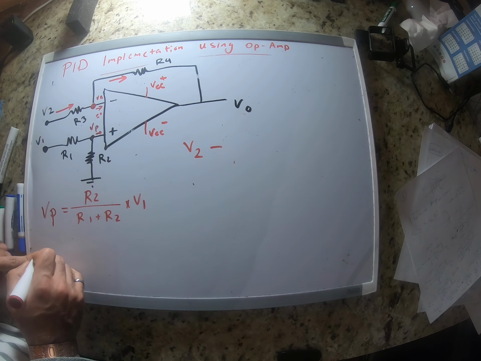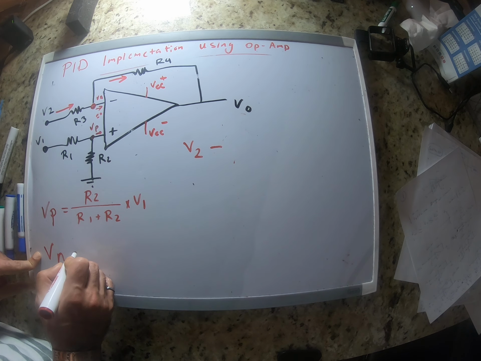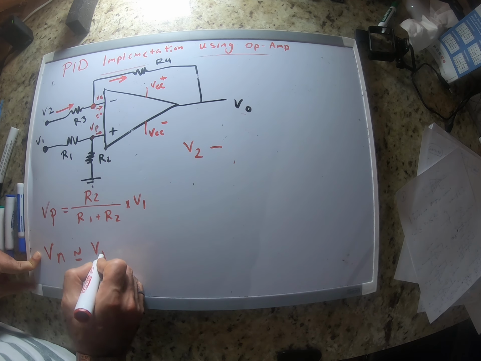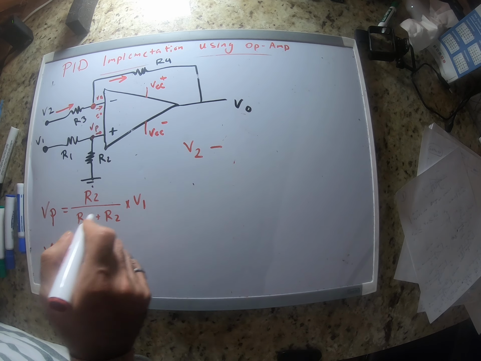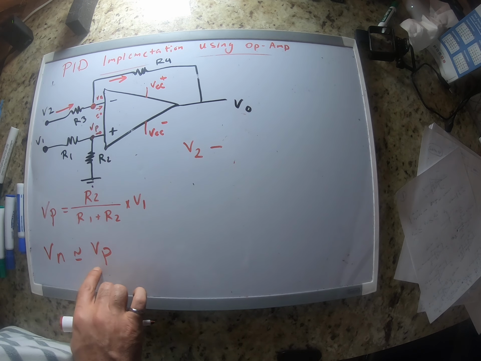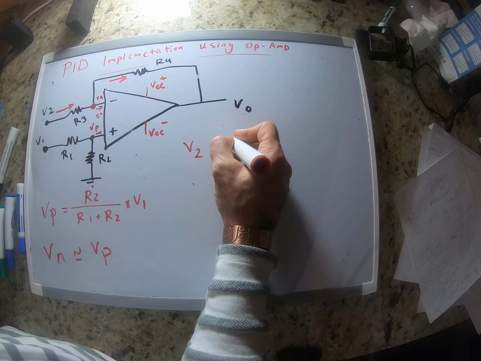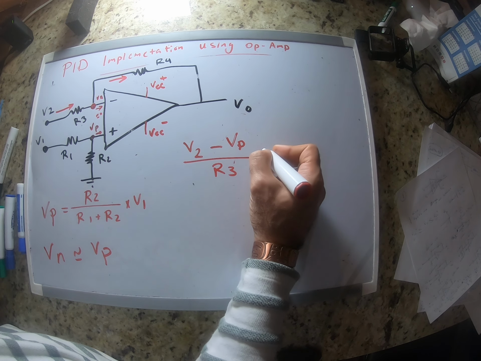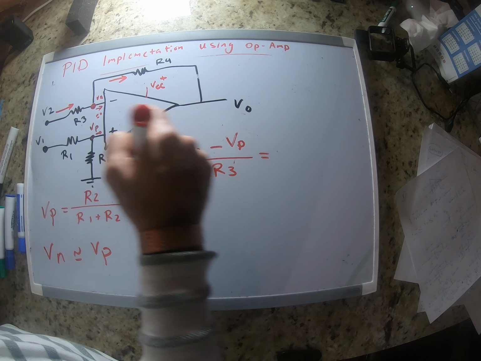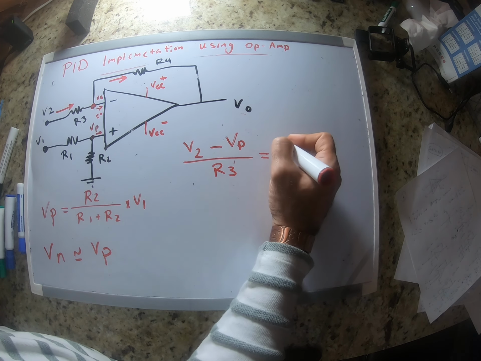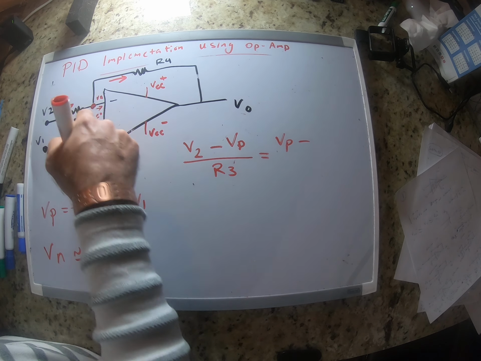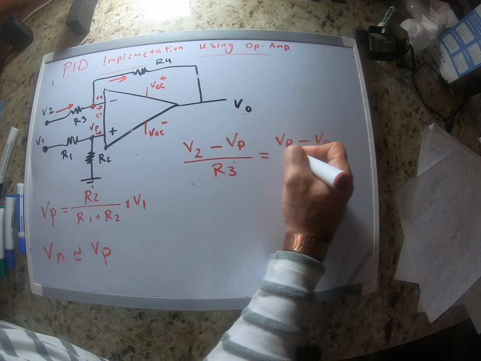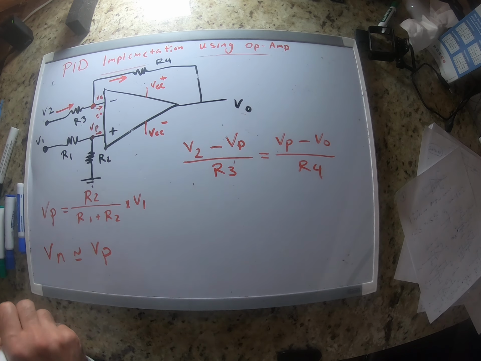But we also know that VN is equal to VP, right? So instead of VN, I'm just going to write VP, divided by R3 is equal to this voltage, which again I can write VP minus V out divided by R4.